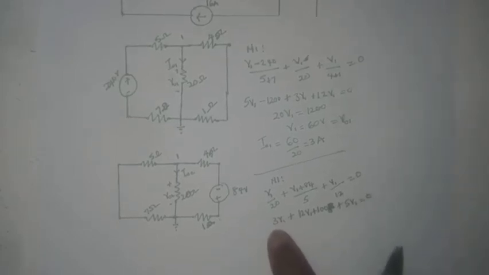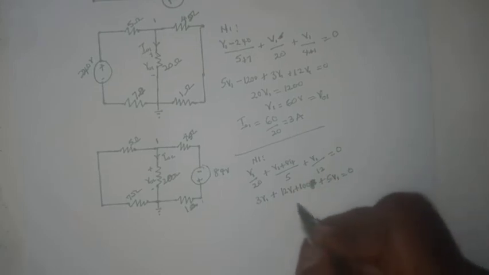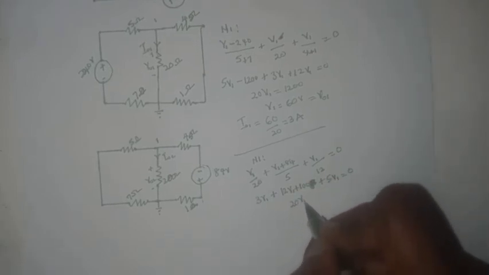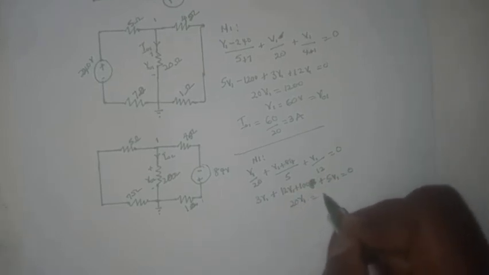When I add that together, 3 plus 12 plus 5 is 20, so 20 V1 equals minus 1008.